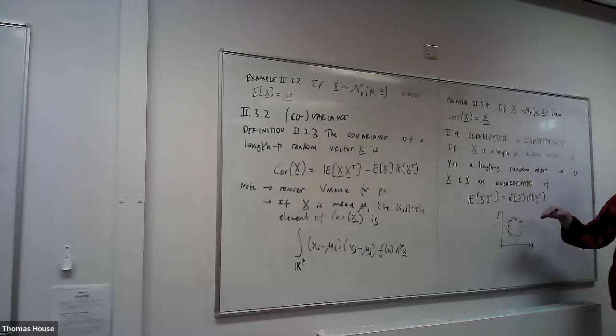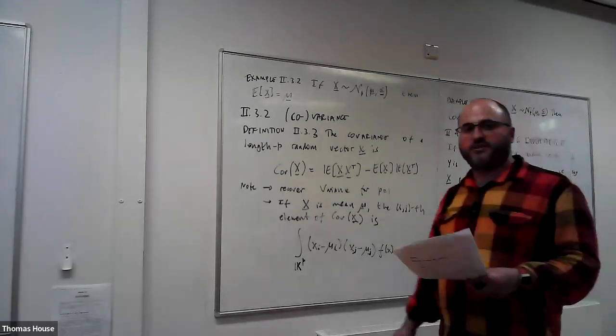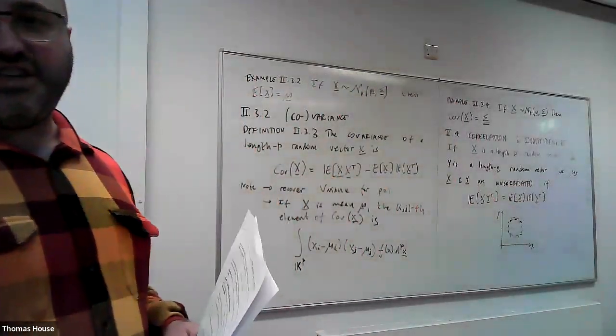So correlation is like the linear phenomenon, but there are other ways to depend that are not linear, and to do with higher order features of the data.